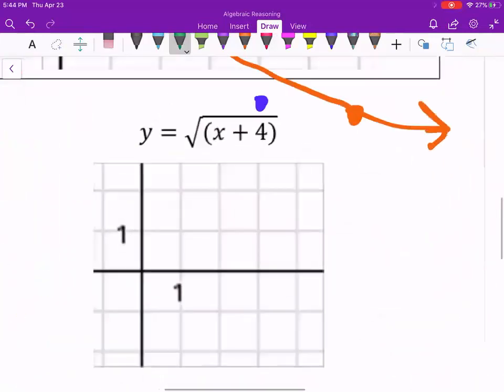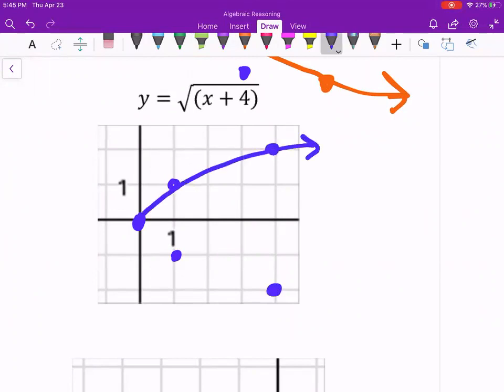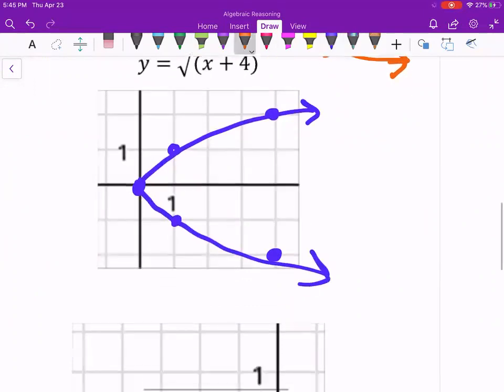So let's check out our graphs and see what we're working with this time. All right, so our original graph, let's get those dots up here. So 0, 0, 1, 1, 1, negative 1, 4, 2, and 4, negative 2. There's our original graph. And we're going to look at our equation.